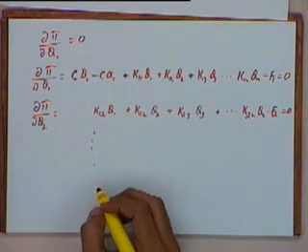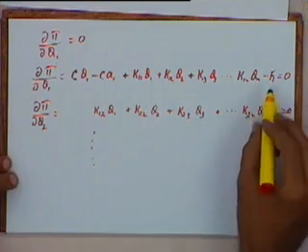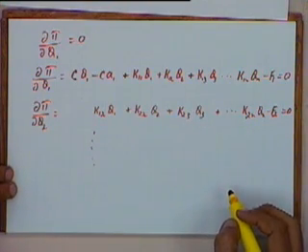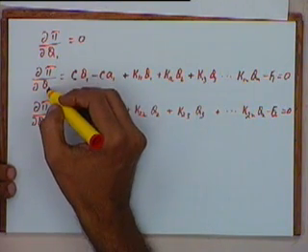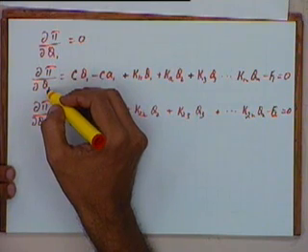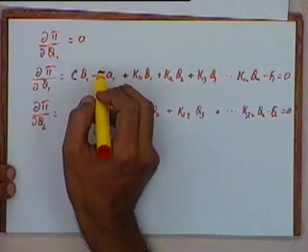So this way we will get a system of n equations. Now we have n equations, not n minus 1 equations, because I am also differentiating with respect to q1. Last time I had put q1 equal to a1 and I had eliminated the variable q1. I am not doing that now.